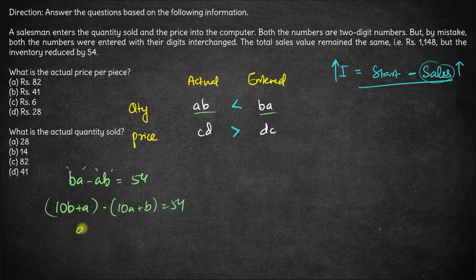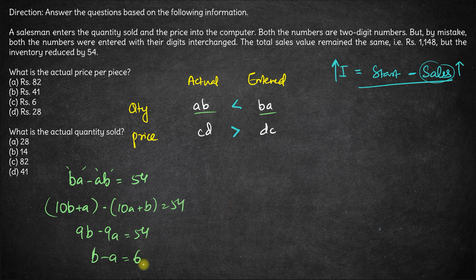Okay, let's just solve this first. 10B minus B is 9B. A minus 10A is minus 9A, which is equal to 54. Dividing by 9, we have B minus A is equal to 6. So if B minus A is equal to 6, and we know AB is a two-digit number, the least value of A must be 1. It cannot be 0.